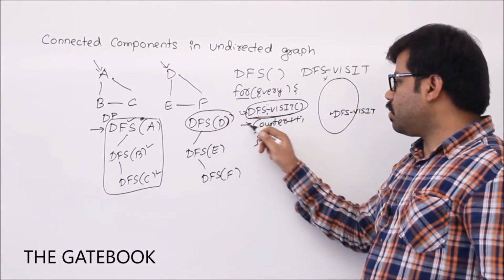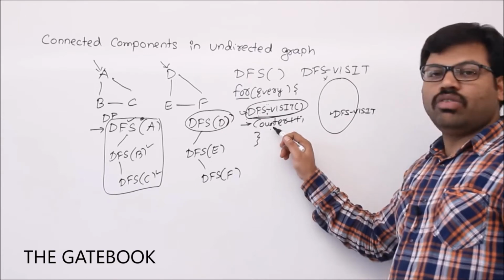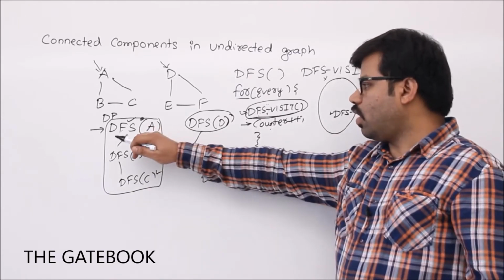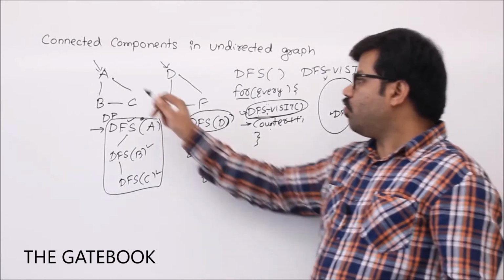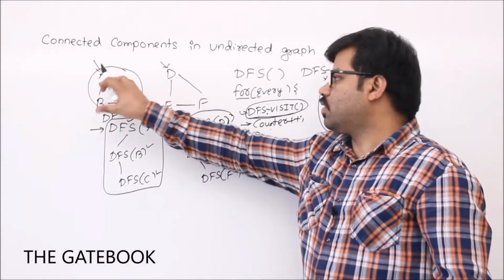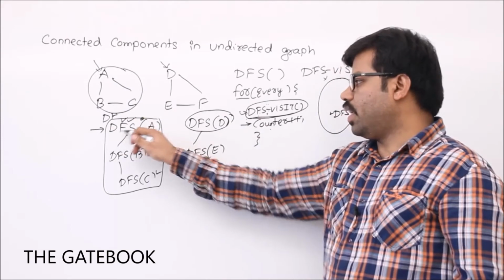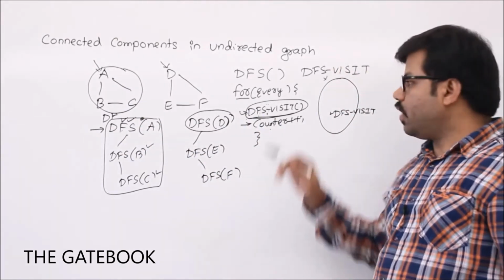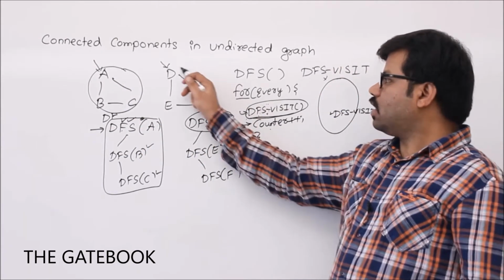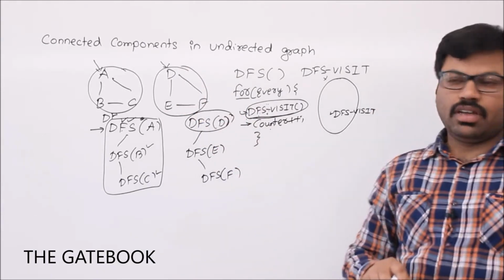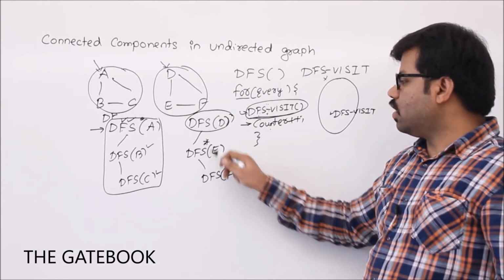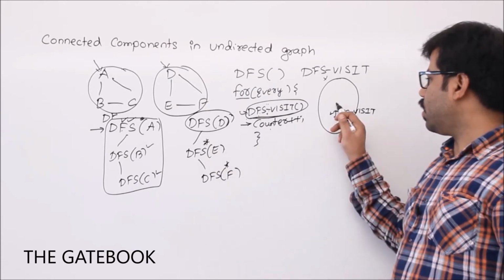So this counter plus plus, if you maintain, this counter is going to count the number of times you called this DFS, correct? So now if you see, for the entire connected component, this one, we will make one DFS call from here. After that we'll come back, and again on behalf of this connected component, we make one more DFS of D. But further subsequent calls E, F are made through here, correct?